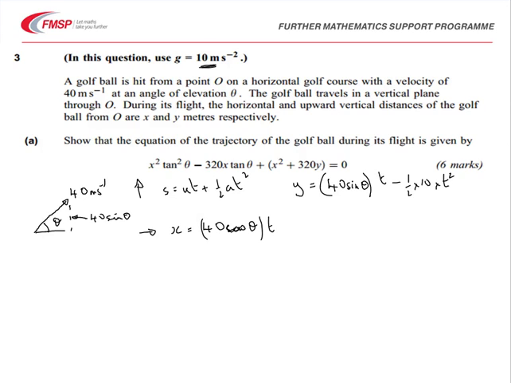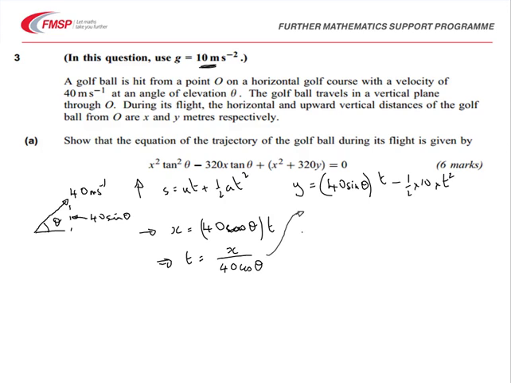So x equals 40 cos theta t, and therefore t is equal to x divided by 40 cos theta. Now you can see that the equation we're aiming for has no t in it, so the idea is that we eliminate t from this pair of simultaneous equations by substituting t into here, for this expression x over 40 cos theta.